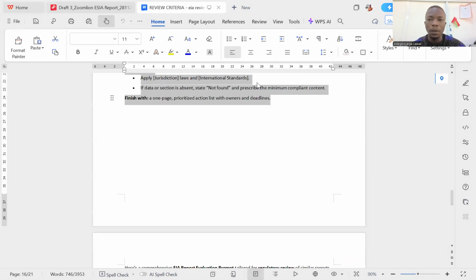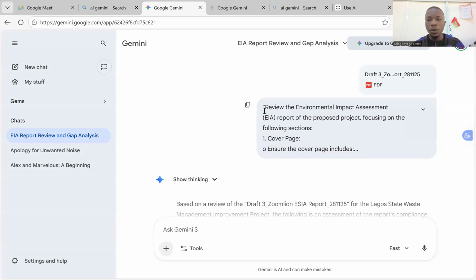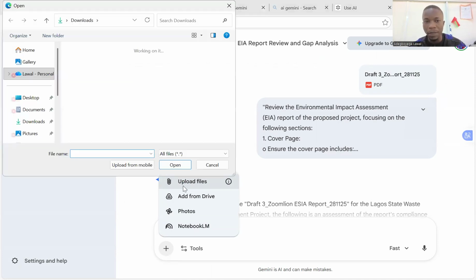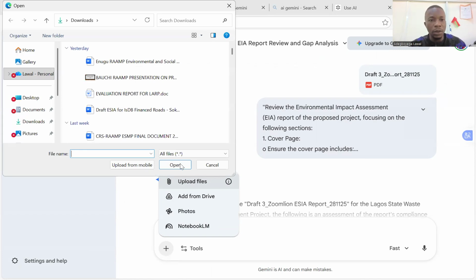So back to the Gemini. Look at this particular area now. I remember that once the document is uploaded, I can paste under it. You can use PDF, you can use a Word document, but it's better if they are all tied into one.